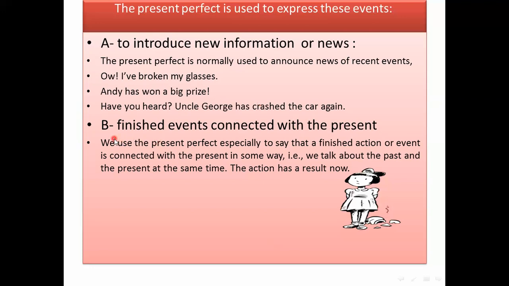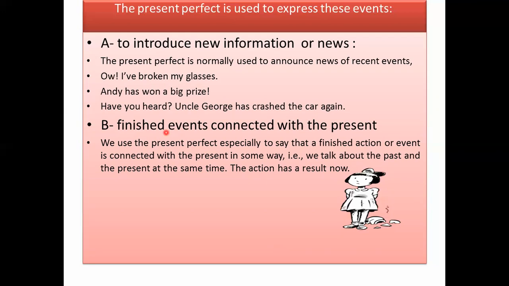Well, in item B, the second function of the present perfect. The present perfect simple can be used to talk about finished events, completed events that happened in the past and completed. But these events are connected with the present in some way or another.